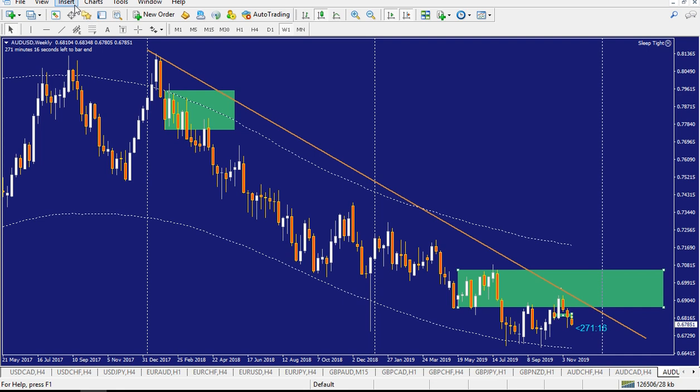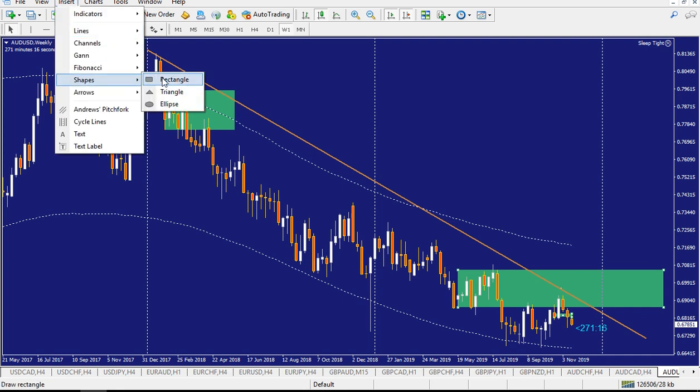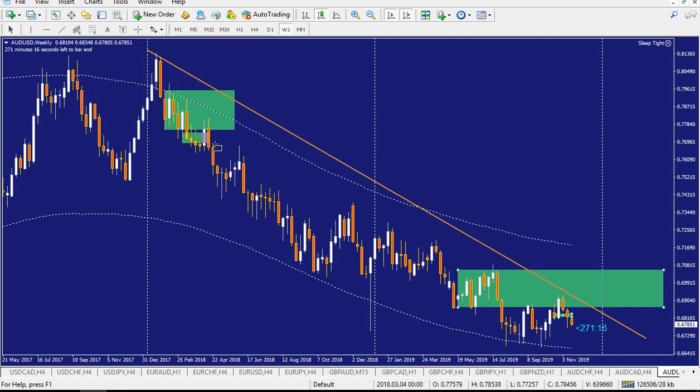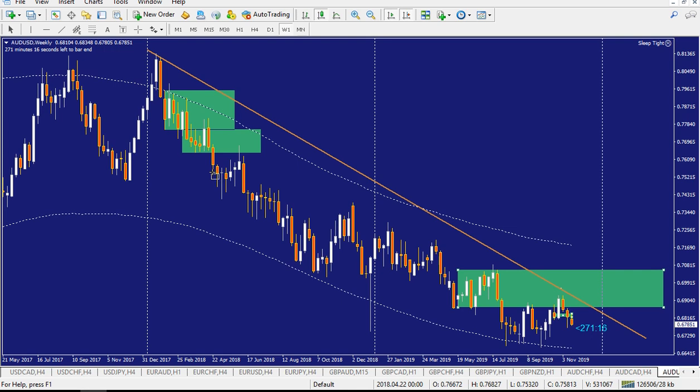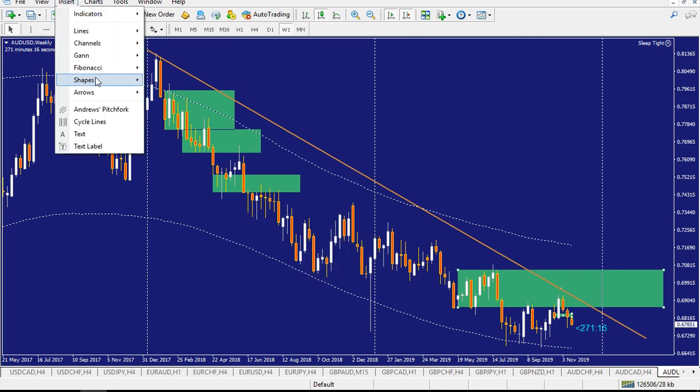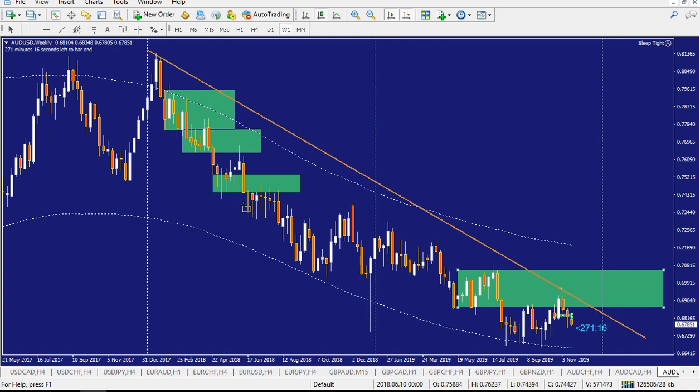Before leaving this, they make another zone here, going back to test it, continuing down, and here is another zone. Broke it, came back to test it. This is just, you know, all the time. It's how the market moves basically.